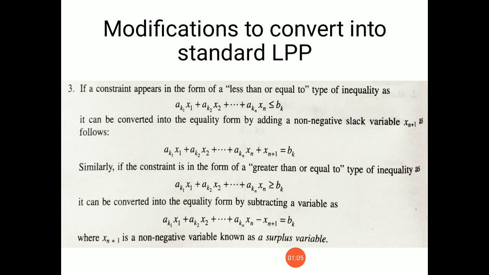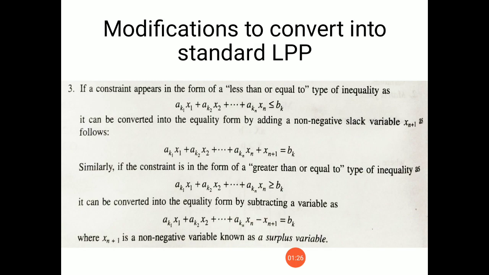That point is, as I've already told you, that if a constraint appears in the form of less than or equal to sign in the linear programming problem, then to convert that inequality constraint into the equation form, we add a non-negative slack variable.